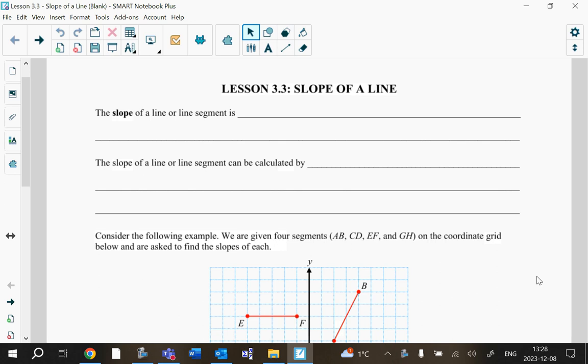Yes. We could say it's the measure of the angle that the line or line segment is at, or we could say it's a measure of how steep a line is.